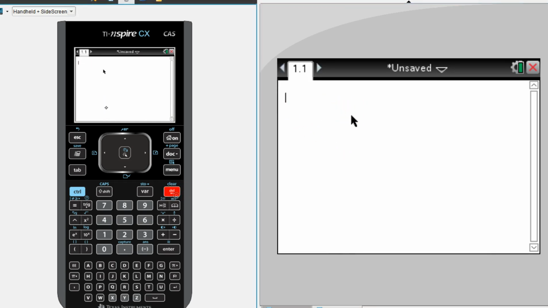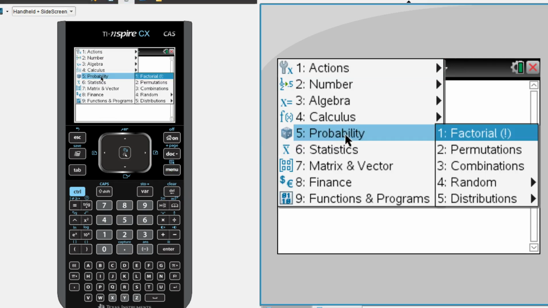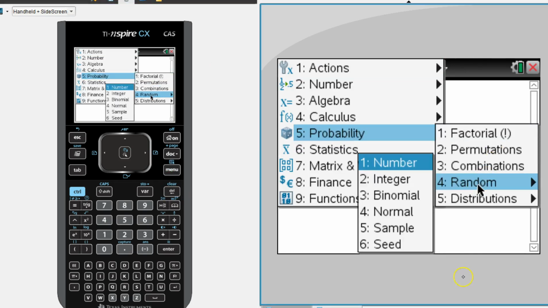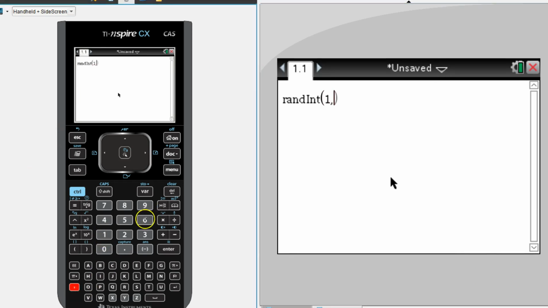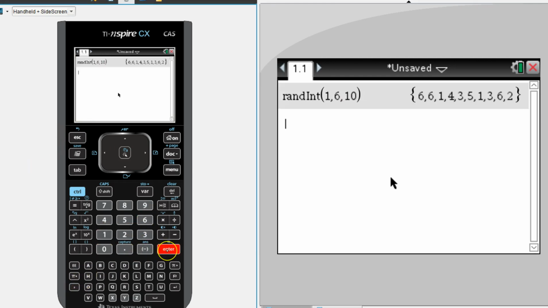I'll do that again. Menu, probability, random, integer. I need a minimum. If I'm rolling a die, we go from 1 to 6, and we're generating 10 numbers. Now this time I don't have to throw anything out because I told it to only give me numbers between 1 and 6.